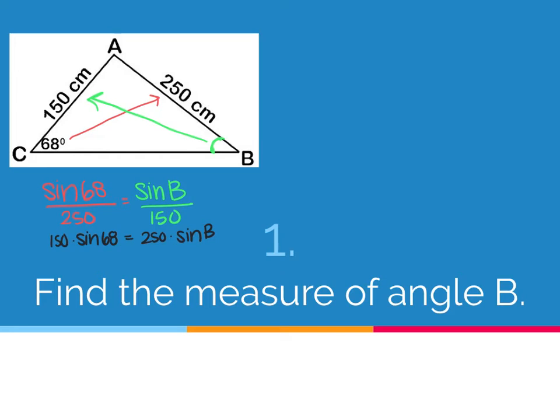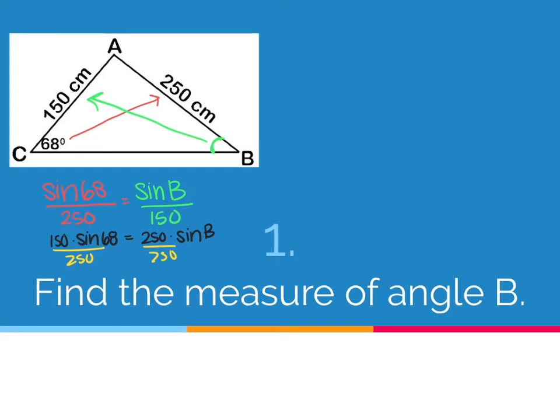I'm going to go ahead and multiply on my calculator. 150 times the sine of 68, and I get 139.0776782, and so on. Before I get rid of that in my calculator, I'm going to also divide both sides by 250. So in my calculator, I'm leaving 150 times sine of 68, which is 139.0776782.